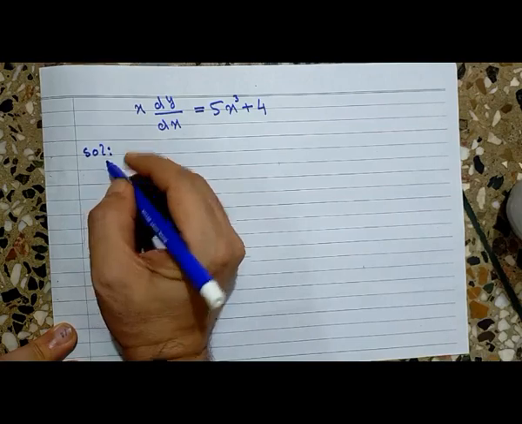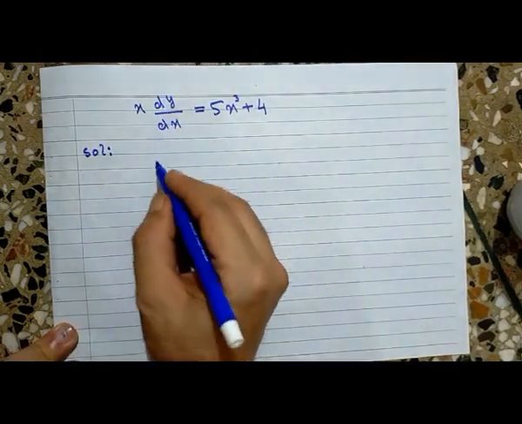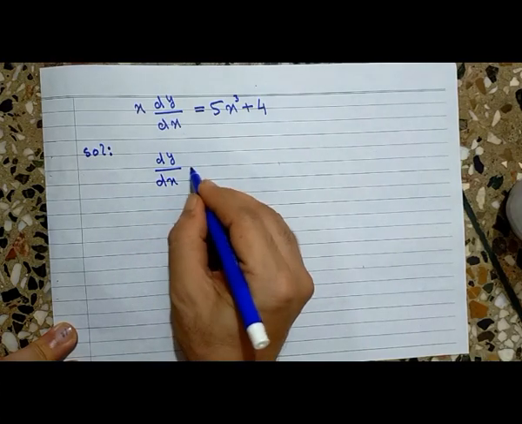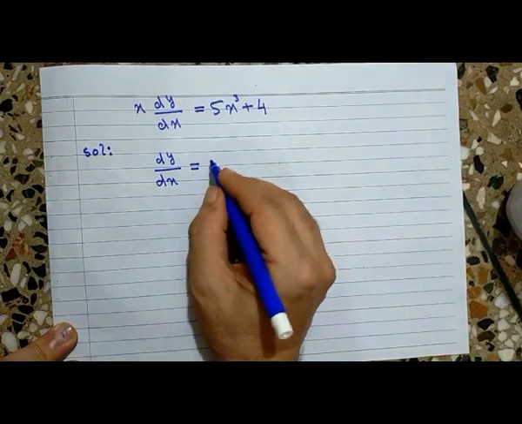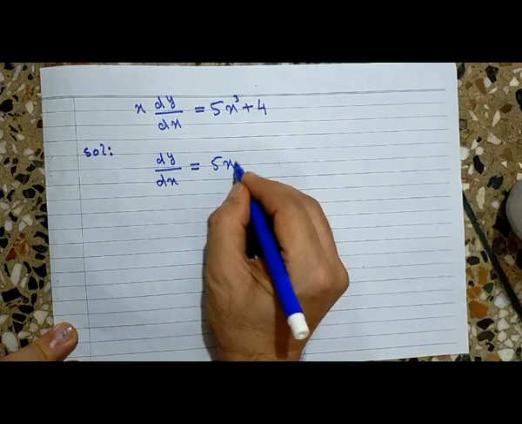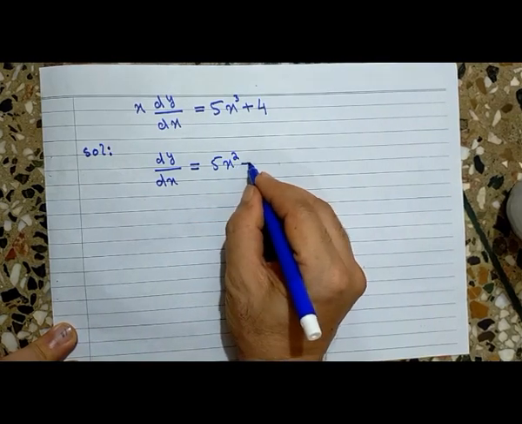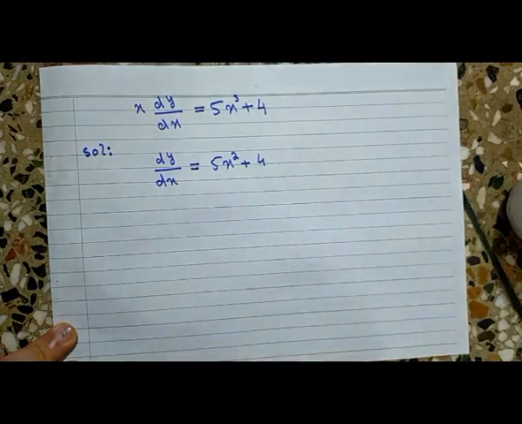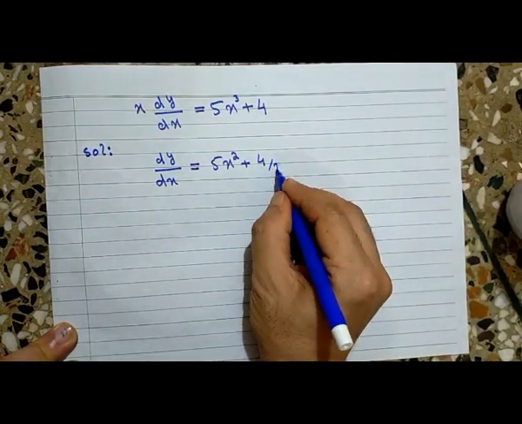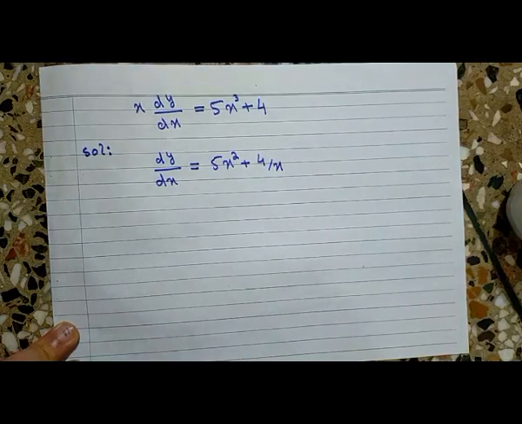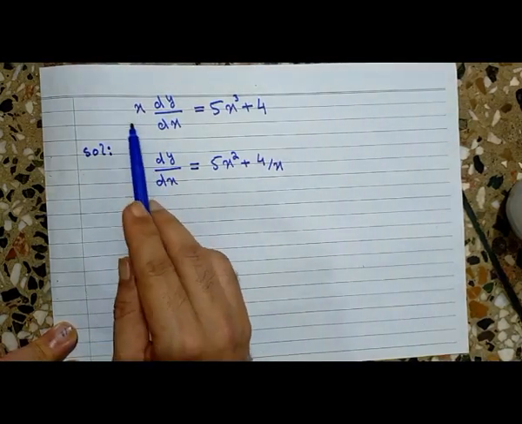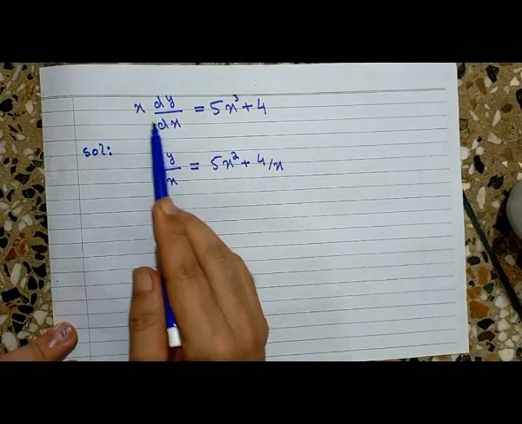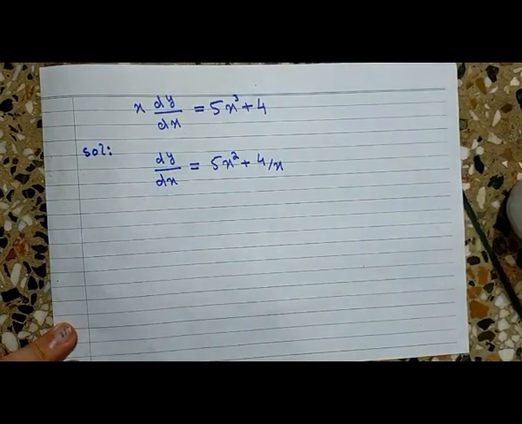We can write it like this: dy/dx = 5x² + 4/x, because we divided the whole equation by x just to get rid of the x on the left hand side.